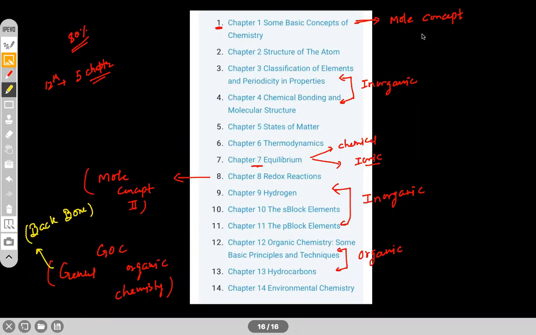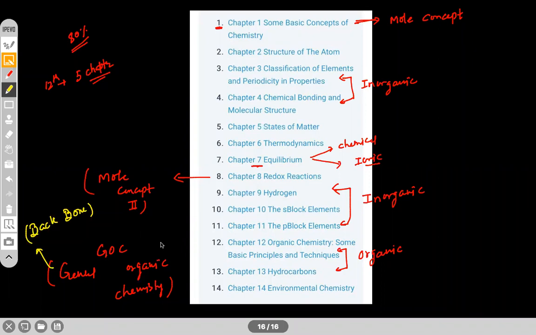Nomenclature we have already done. Once we finish this, a few things you can read on your own. I can give you those materials, PDFs, so that you can read on your own and solve questions. That is my plan. After this small concept in which a few things are left, I will start general organic chemistry. Very important chapter.